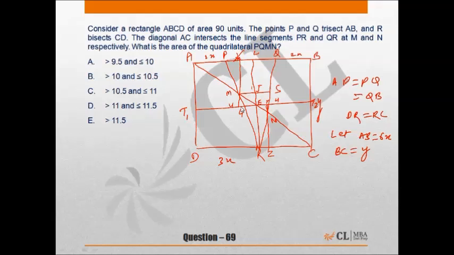UV is the line perpendicular to T1 T2 and passes through M. Similarly, GS is a line perpendicular to DC, passes through N. As we know that the area of rectangle ABCD is 90, whose sides are 6x and y, therefore 6x into y is equal to 90.